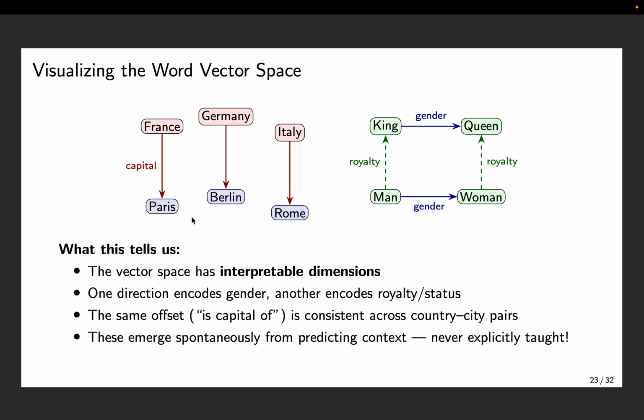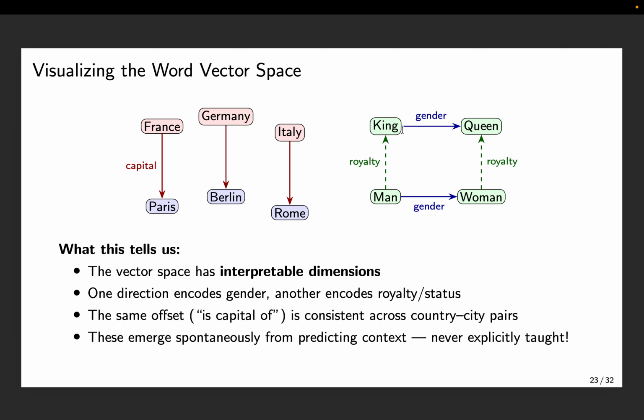Similarly, look at the gender axis: king, queen, same offset, female version of it, man, woman, and the vector queen minus king is approximately equal to the vector woman minus man. This means the word vector space has an interpretable geometric structure. Different directions in the space correspond to different semantic concepts.